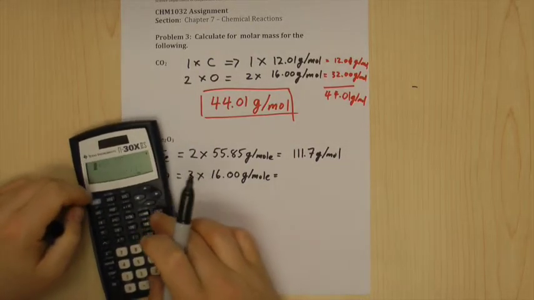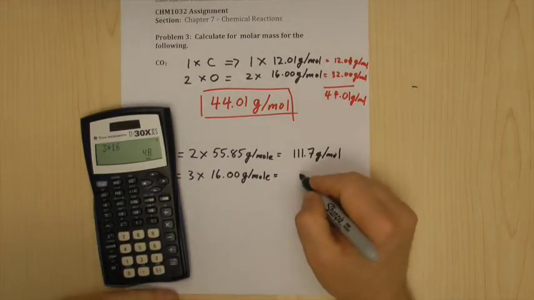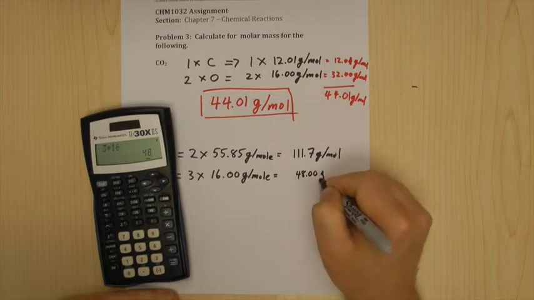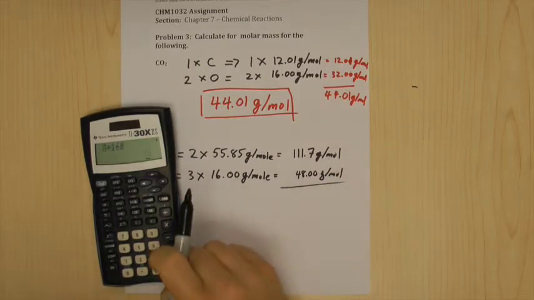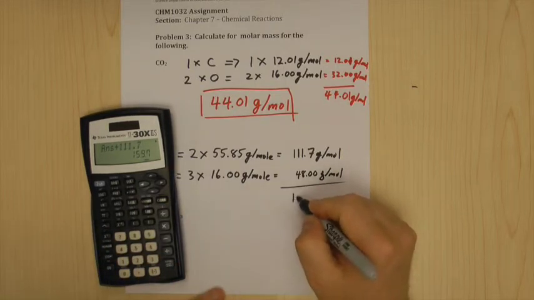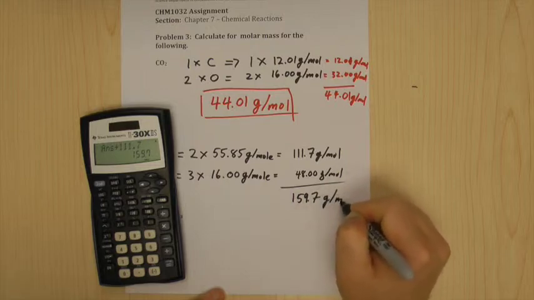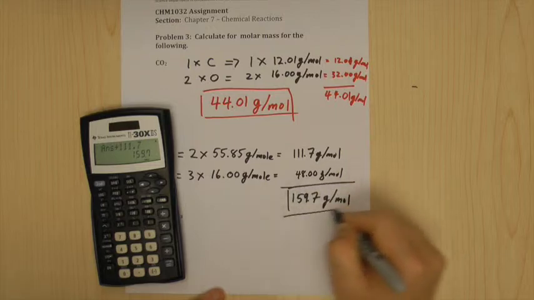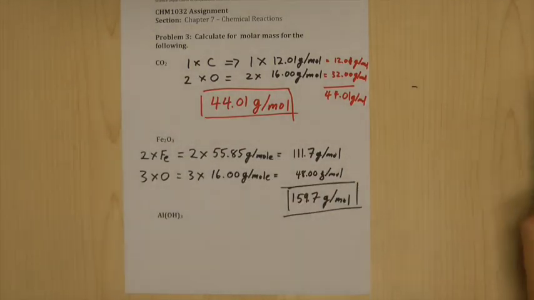And 3 times 16 is 48. Add everybody up. You will get 159.7 grams per mole. Let's put a little box around that guy. Alright, and that's how you solve for that one.